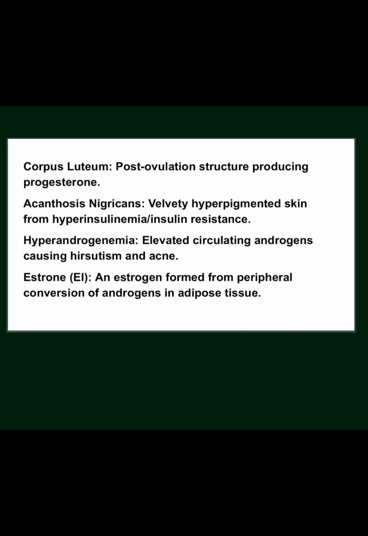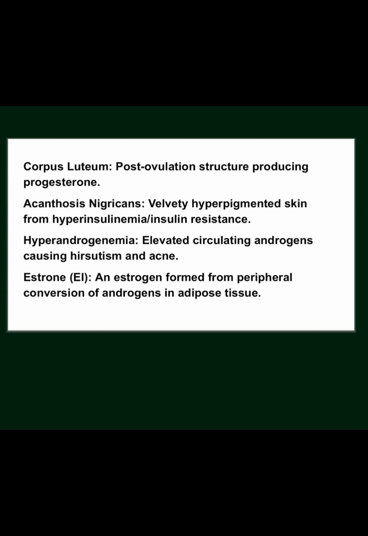Okay, so with that being said, some of the presentations that we are going to talk about, this is just to recall, or just to consolidate this information. Remember, in the post-ovulation phase, the corpus luteum degenerates into the corpus albicans.